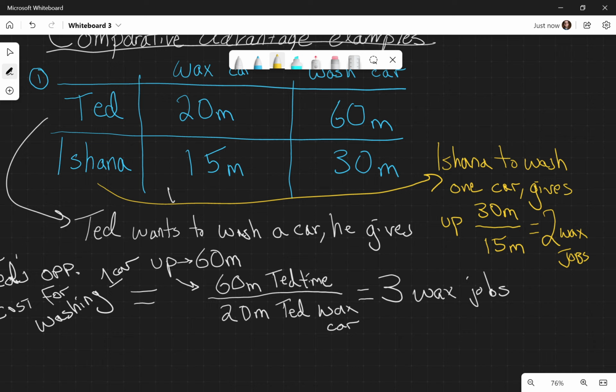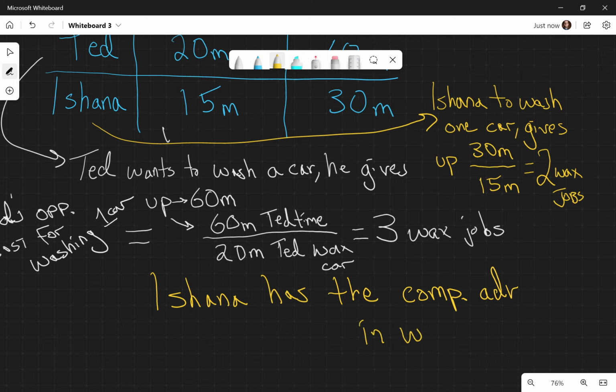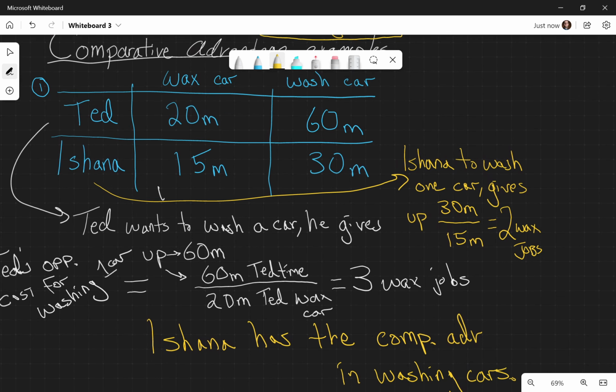And since 2 is lower than 3, we conclude that Ishana has the comparative advantage in washing cars, and that is in fact what she should be doing in order to maximize the total output of this simple 2-person economy, with Ted and Ishana doing these 2 simple tasks.